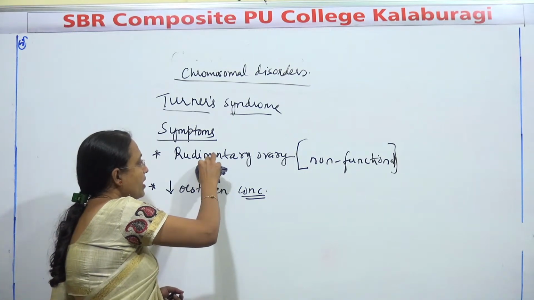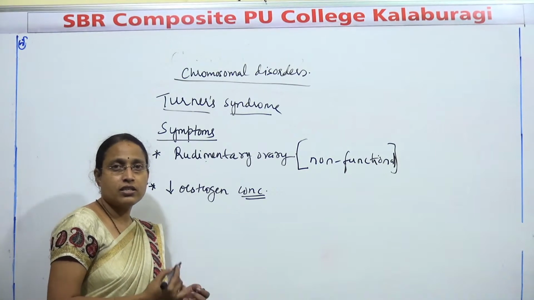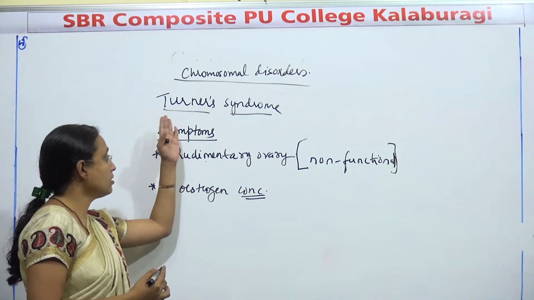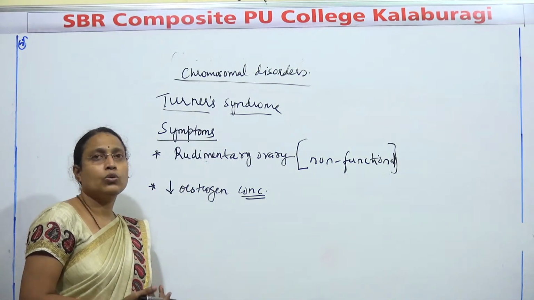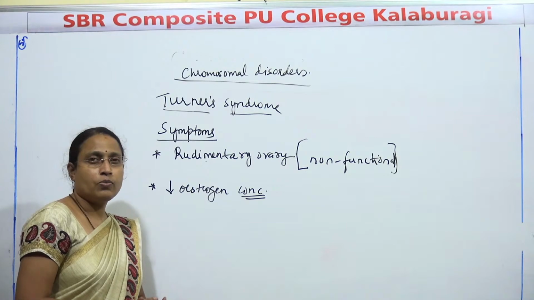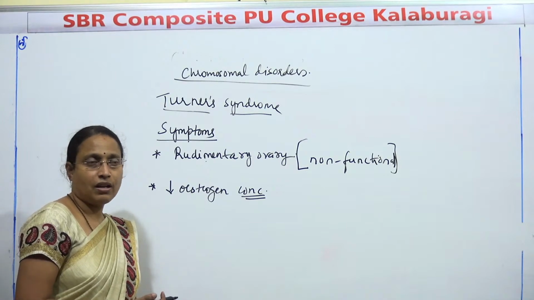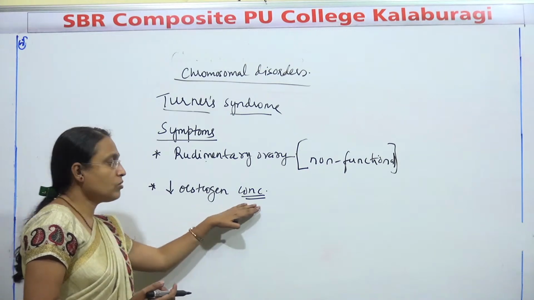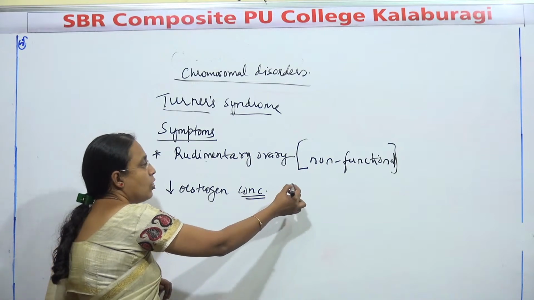So when the ovary itself is rudimentary, the estrogen concentration is supposed to be very low or very decreased in those who have Turner syndrome. It cannot be absolutely absent because of the presence of one X chromosome. So the estrogen concentration is going to be very low.